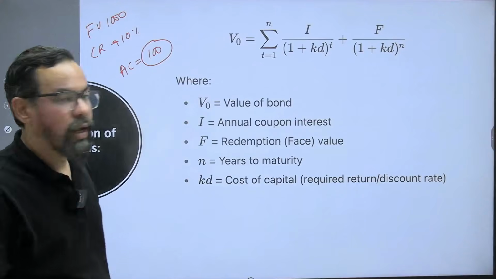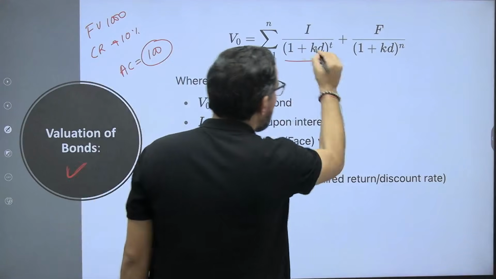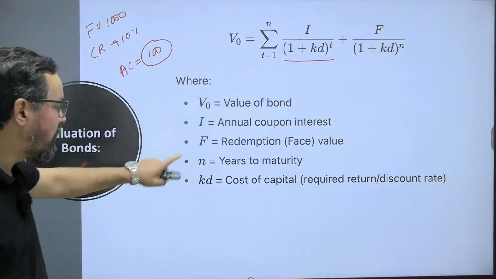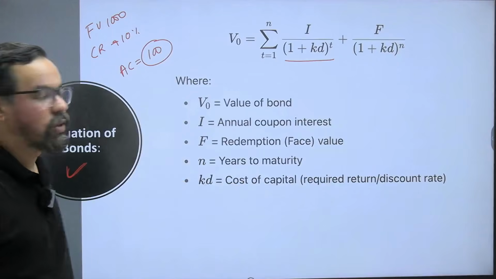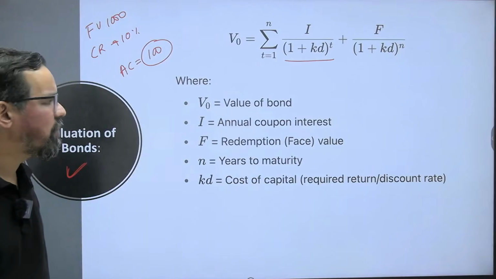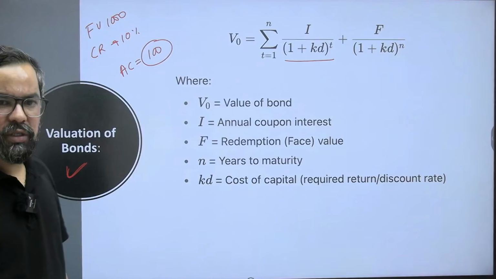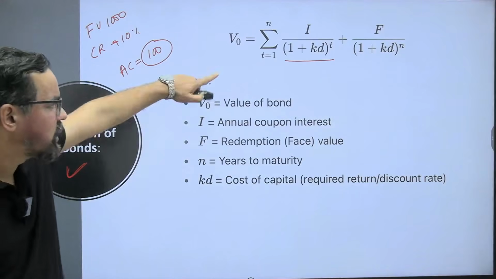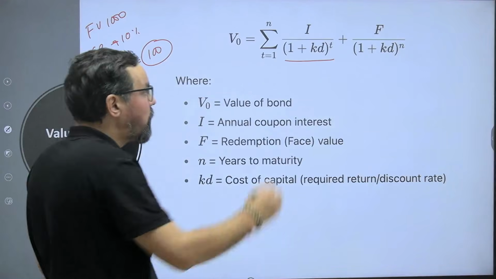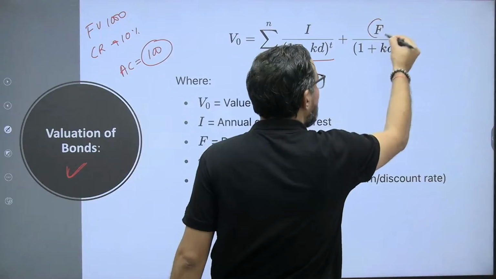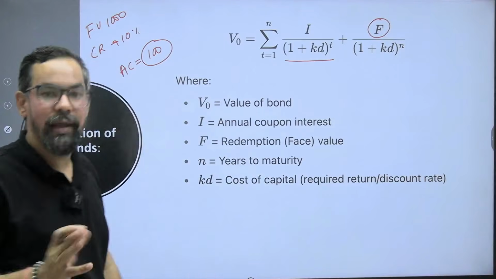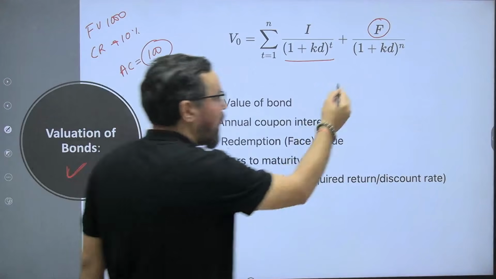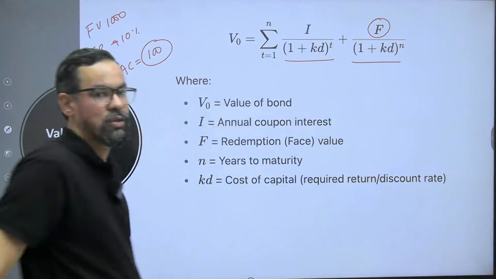So 100 divided by 1 plus KD. KD is the cost of capital. So let's say it is 10%, 12%, 13% or 9%, whatever it is. That will be given in the question itself. Plus the future value, how much you are getting during that period, again divided by 1 plus KD to the power n, the time.